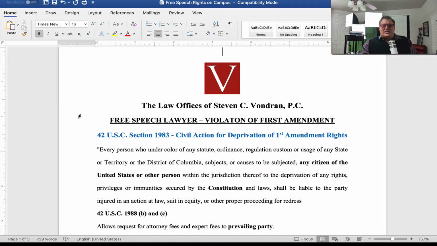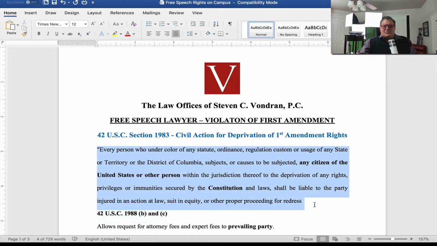So one way to do it is a civil action for violation of 42 USC, that's United States Code, Section 1983. Let's take a quick look at that. Every person who under color of any statute, ordinance, regulation, custom, or usage of any state or territory or the District of Columbia, D.C., subjects or causes to be subjected any citizen of the United States or other person, so free speech rights apply not only to citizens but also others.